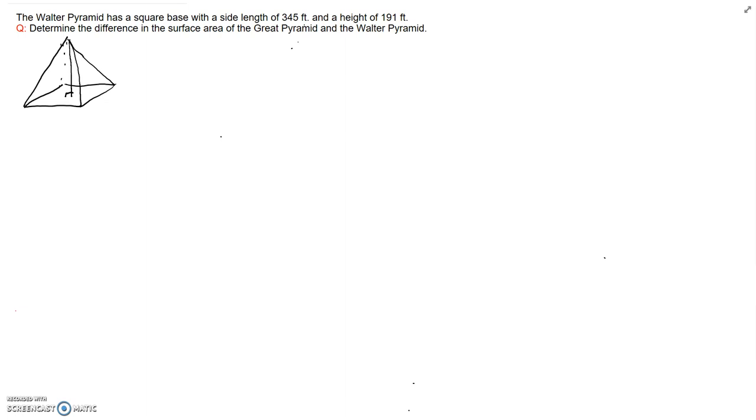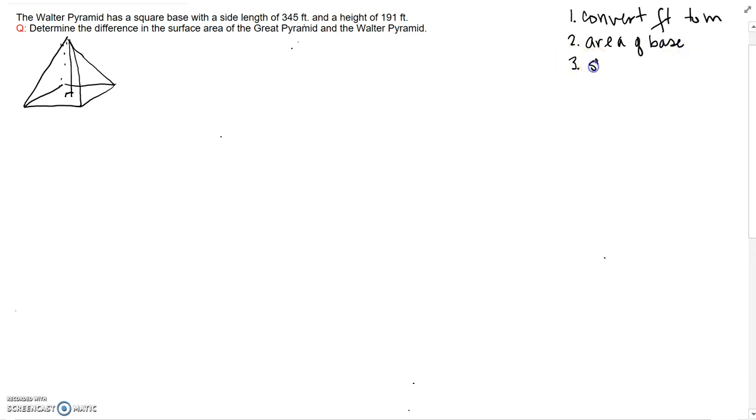So I'm going to make a list of the things I'm going to have to do to figure this problem out. The first one, I'm going to convert feet to meters. And then I'll be able to use the formula for the surface area of a pyramid, and I'll start with finding the area of the base. I have those dimensions. Then I can find the slant height. So I will use the Pythagorean theorem to find the slant height of the pyramid.